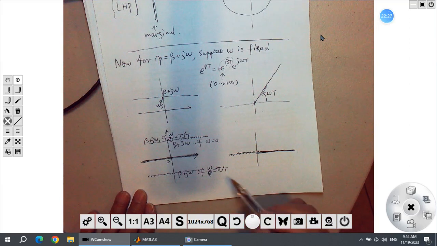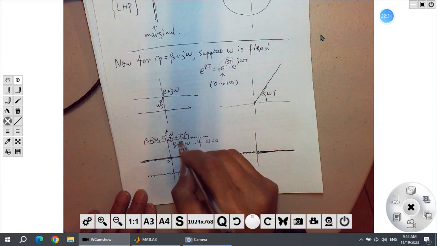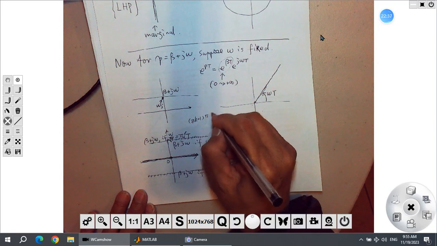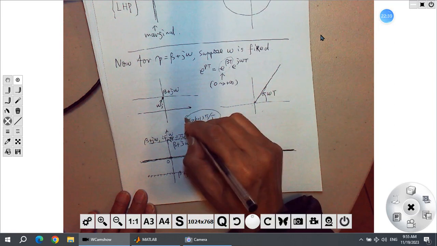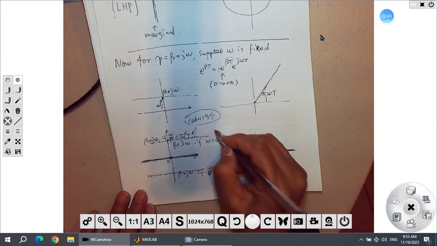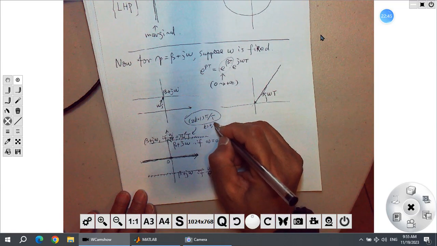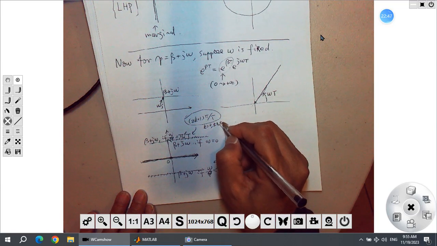So every (2k plus 1) pi over T, where k runs over 0, plus or minus 1, plus or minus 2, and so on.